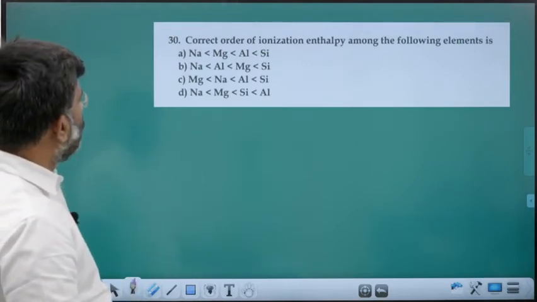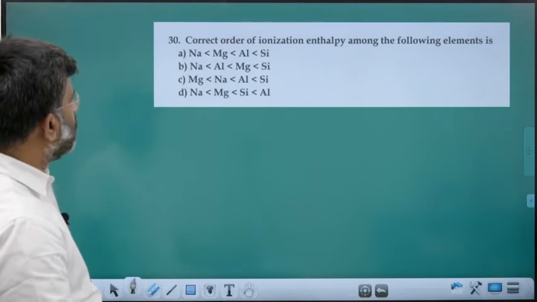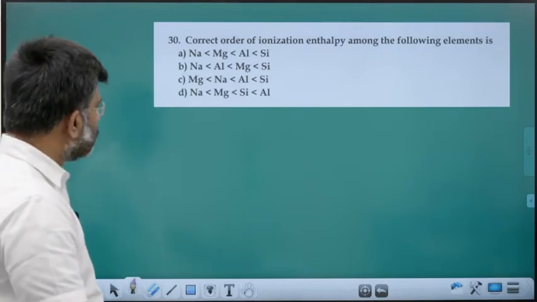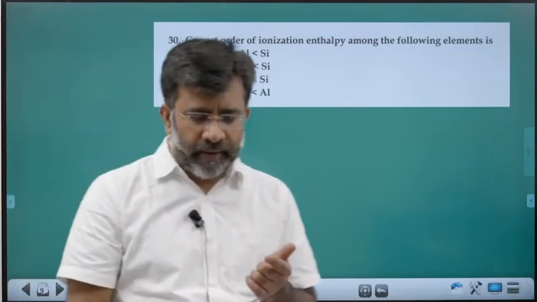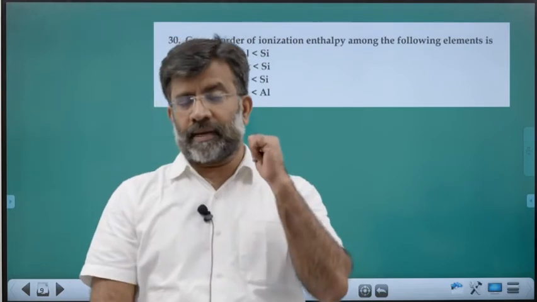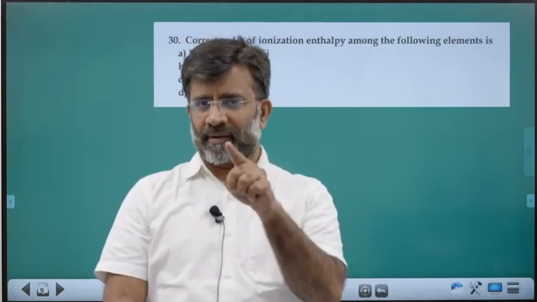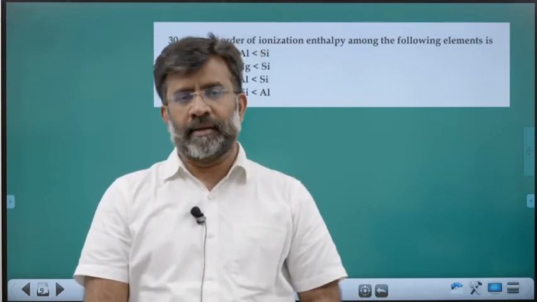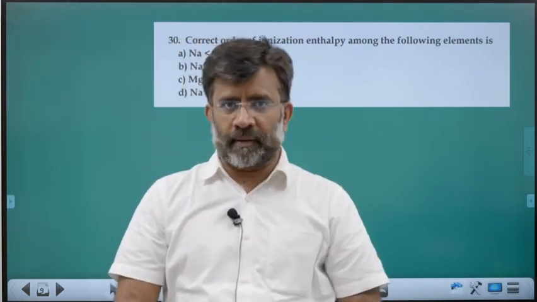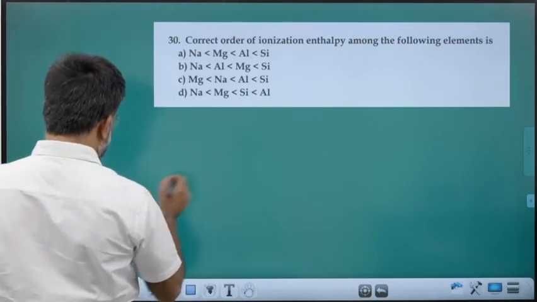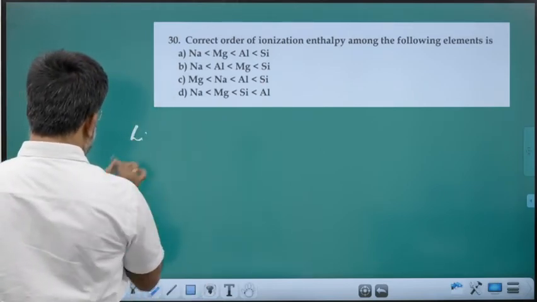Correct order of ionization enthalpy among the following elements. See, the elements given are third period, sodium, aluminum, magnesium like that. This you can relate with the second period elements. What is the order of second period elements? Already we have discussed.